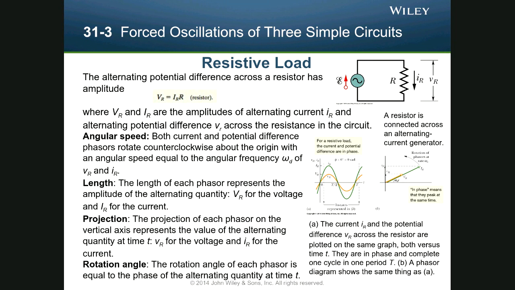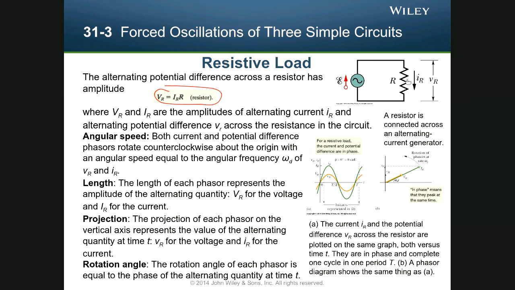So the alternating potential difference across a resistor can be described by Ohm's law, right? We have that right here. So V equals IR. We can see here in the graph, if you have this frequency, you'll notice this is what the alternating current looks like. And we have our resistor, we have our IR going through the resistor.